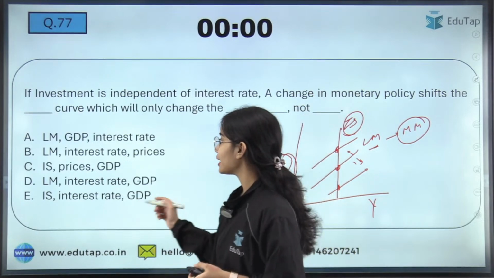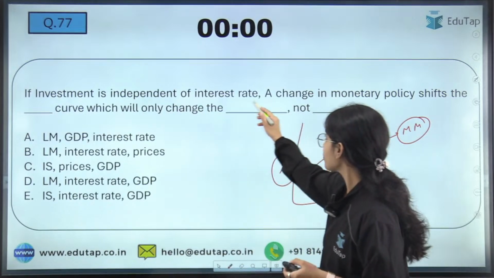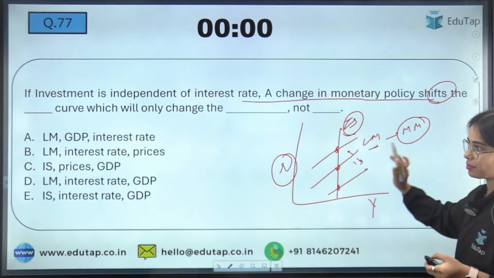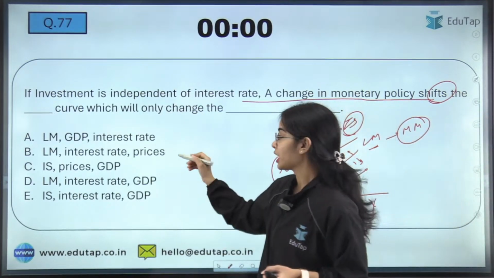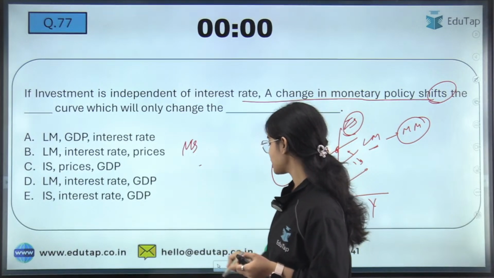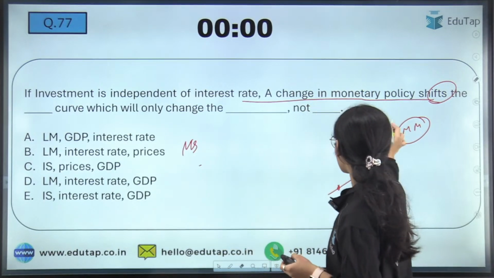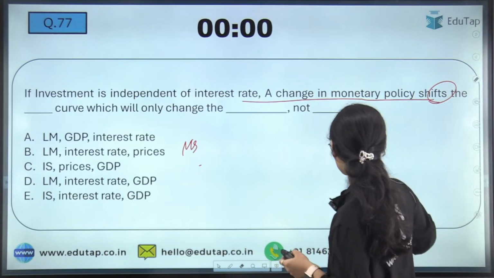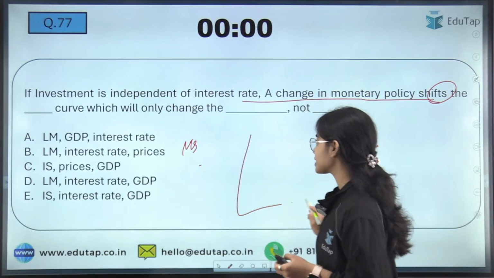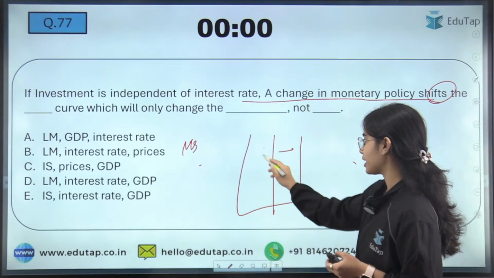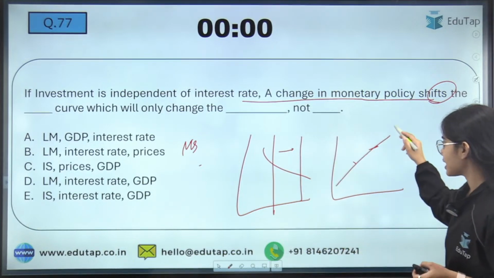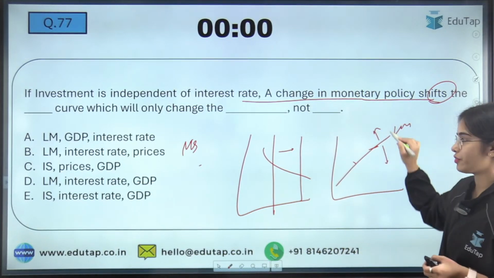So here the monetary policy, the money supply, shifts the LM curve. If the money supply is increasing, can you tell me whether the LM curve will shift rightwards or leftwards? Anyone? If there is an increase in money supply, it will shift rightwards or leftwards.